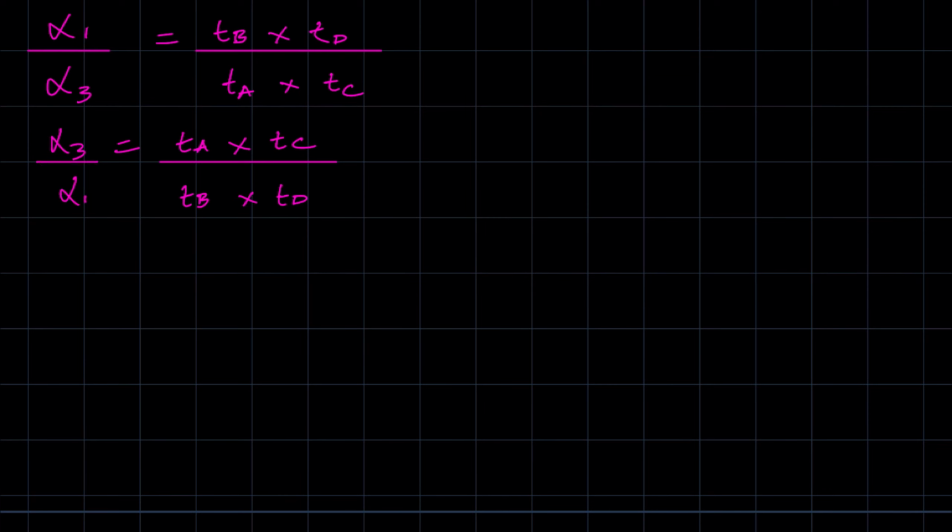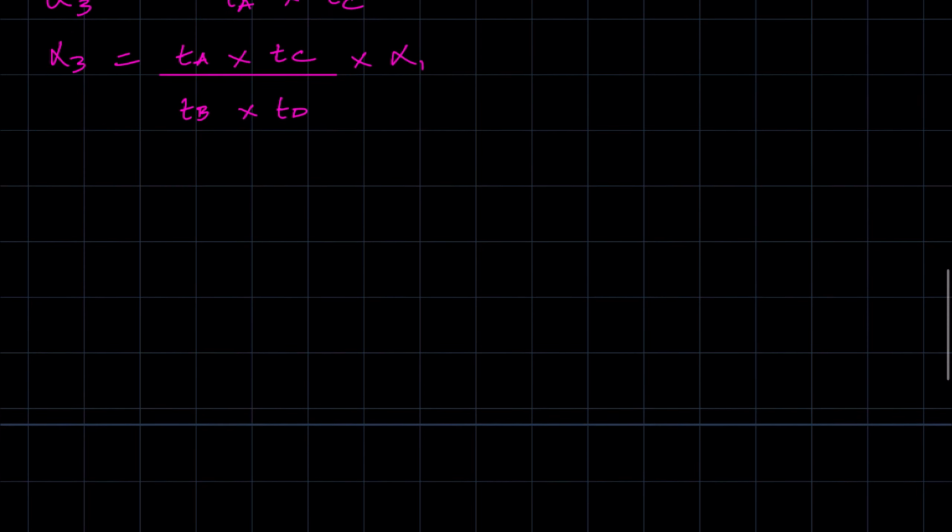But seeing that we are looking for the angular acceleration of the output shaft, all you do is multiply by this term both sides, and of course that would be erased.